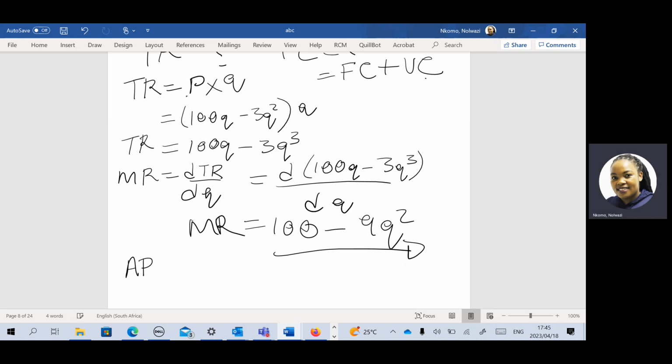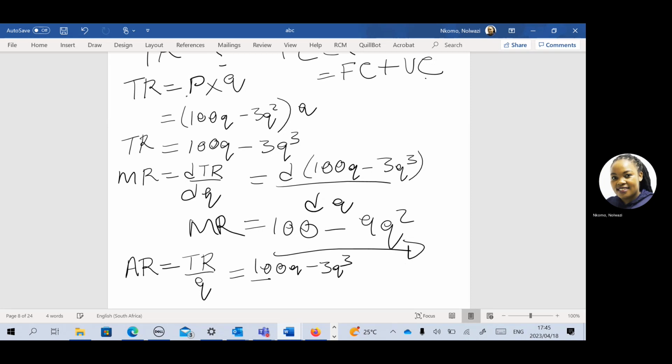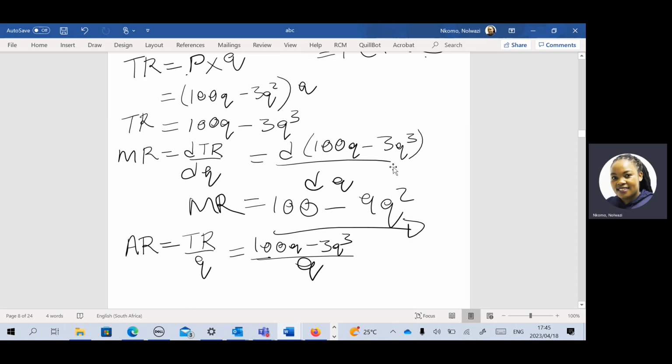And we said the average revenue is found by dividing the total revenue by the number of units sold. So we have that the total revenue is equal to 100Q minus 3Q cubed over Q. We are dividing this by Q, right?